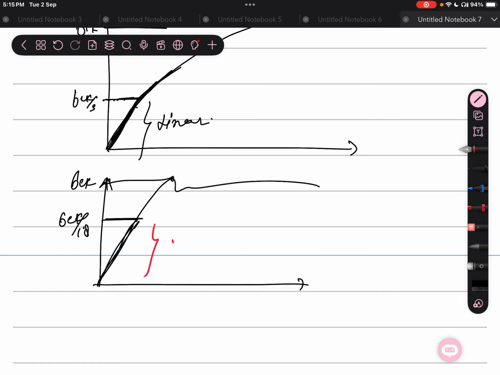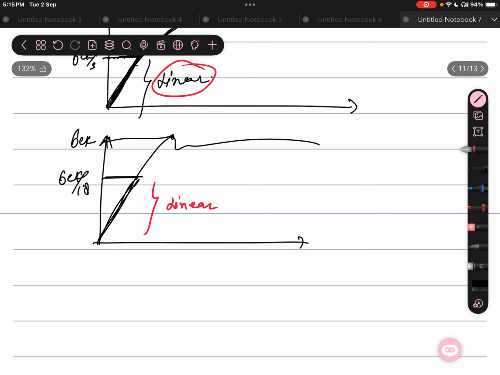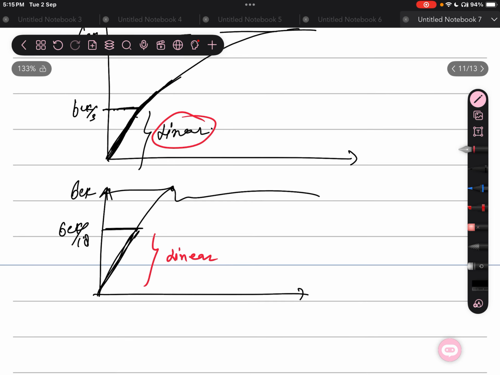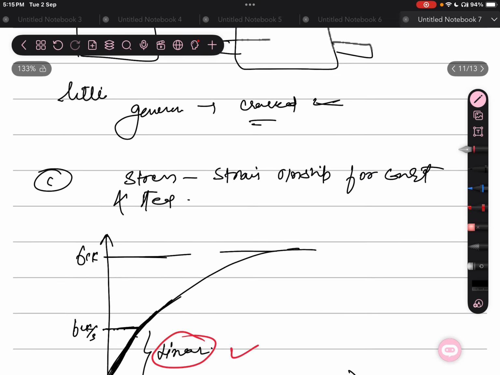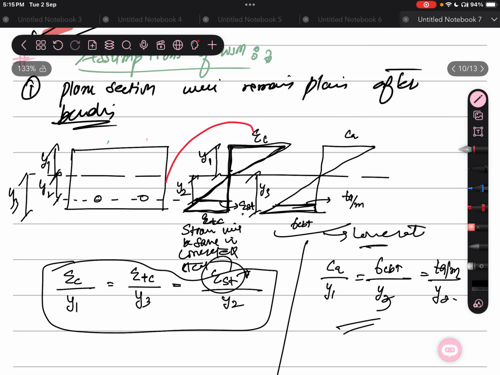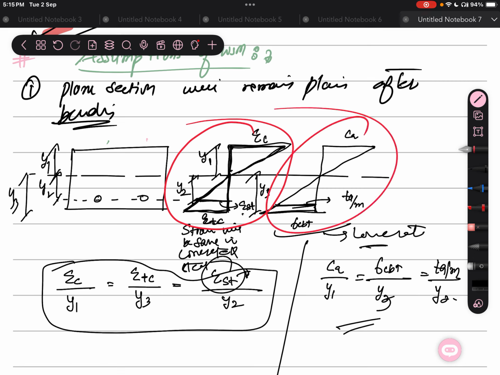So the stress-strain relationship we are taking, whether it's concrete or steel, is linear. That's why we are using this curve, this and this as well.